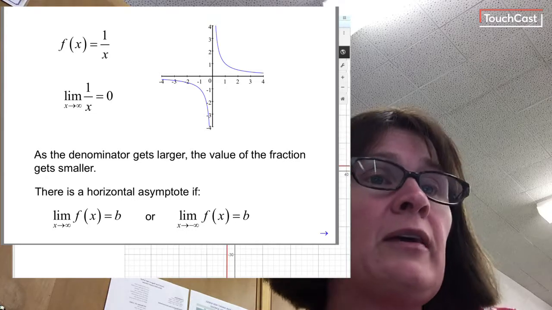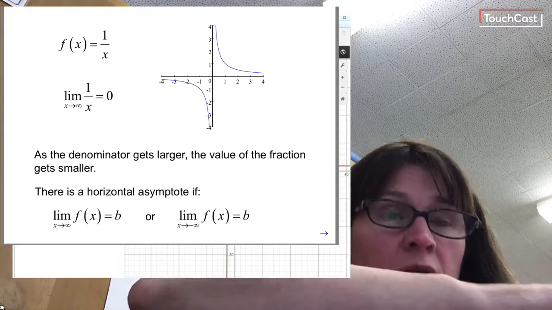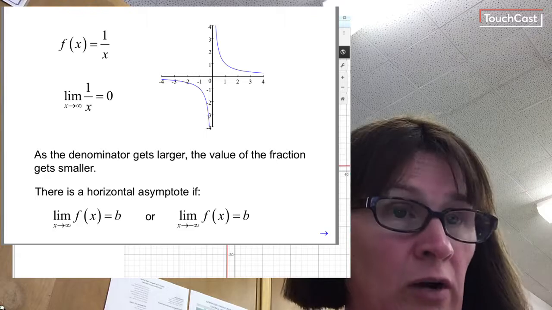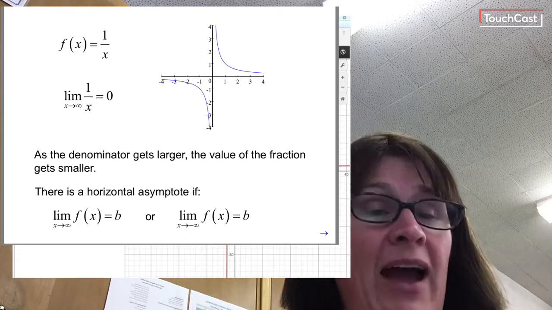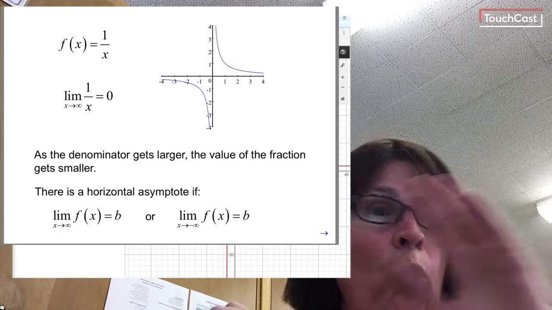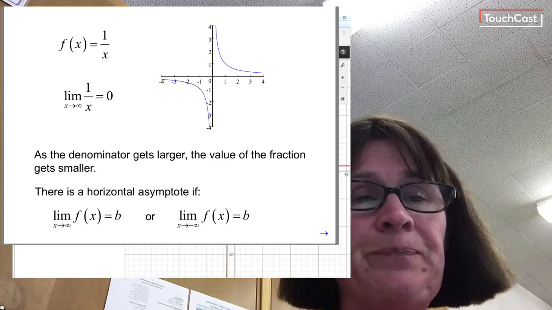All right, so this is a big idea. Each of these graphs has what we call a horizontal asymptote, a line, in this case a horizontal line, that your graph gets closer and closer to, but never crosses or touches. And in fact, your graph approaches that horizontal asymptote once all the way at the right edge of the graph and once all the way at the left.